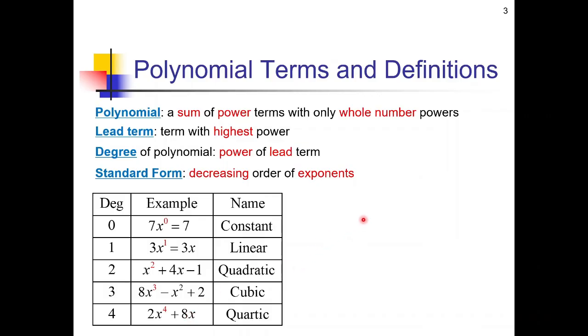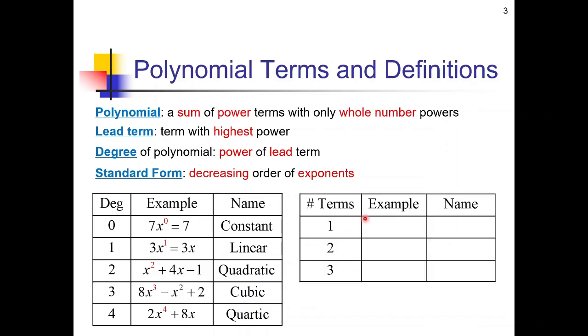Now moving forward a little bit, we can also classify polynomials by the number of terms in the polynomial. So for example, if we have one term in a polynomial, like this 3x we talked about recently, that is also called a monomial. It's still a polynomial, but it's a special type of one. And then if we have two terms like this 2x to the fourth plus 8x, we can call that a binomial, bi for 2.